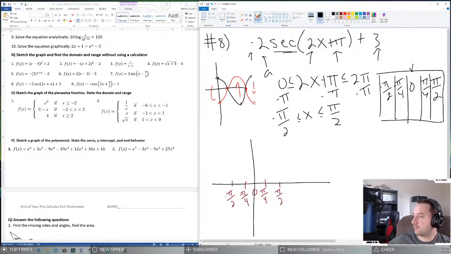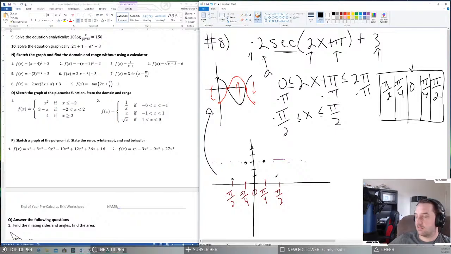I have my vertical shift, so it's going to move up 3 spaces. Now from there, I should draw in what my parent graph is. So it starts here, crosses, and then it goes above, crosses, and then it goes back down. So I just drew that shape, but it's secant.